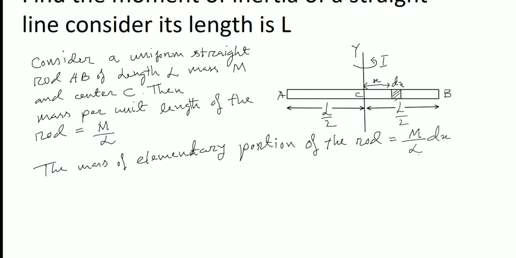The moment of inertia of the elementary portion of the rod about the axis y dash is dI equals M by L dx into x square.